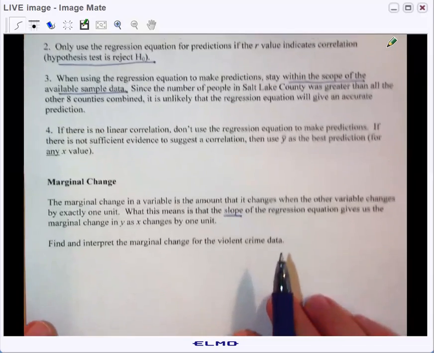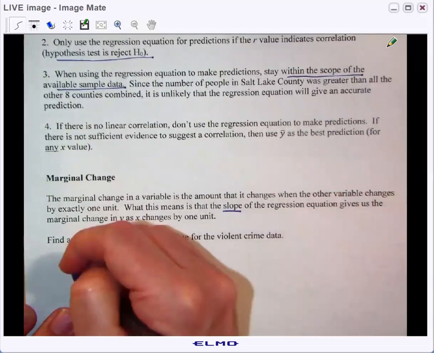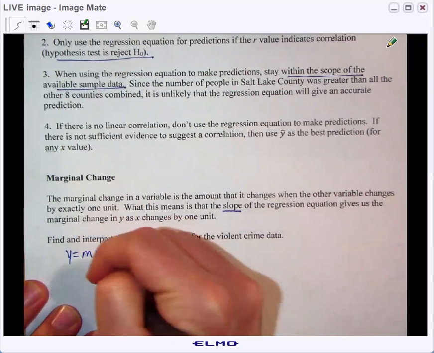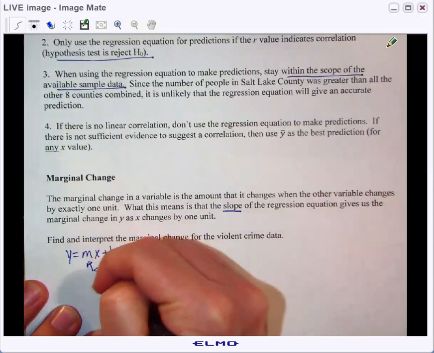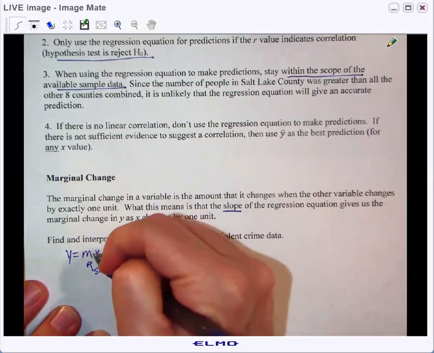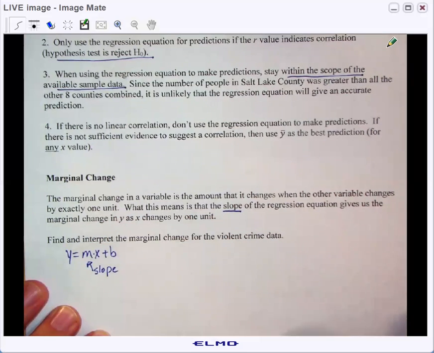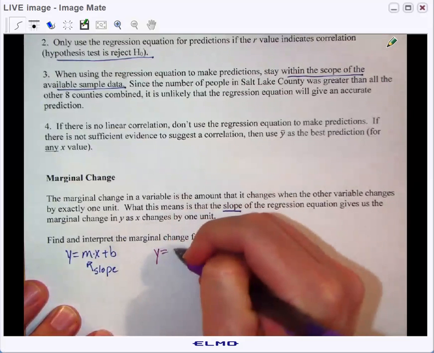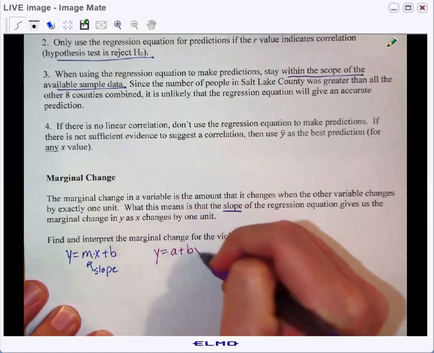Now, in previous math classes, you probably saw the equation y equals mx plus b, where m was the slope, and that was the number that we multiplied onto the x value. Now, statisticians like to use the form y equals a plus bx.